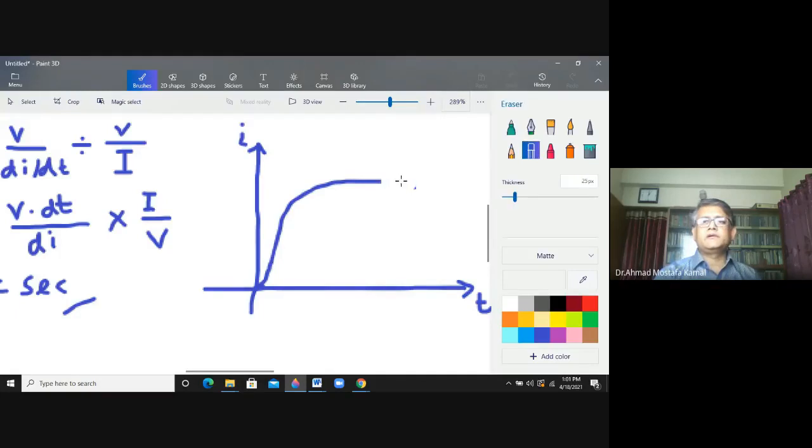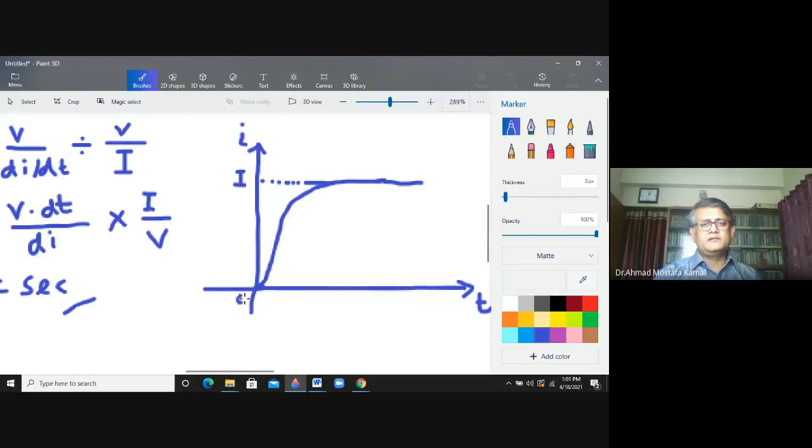It is a constant, a straight line. This constant value, this maximum value, is called I maximum.